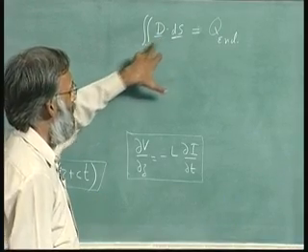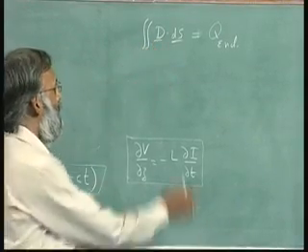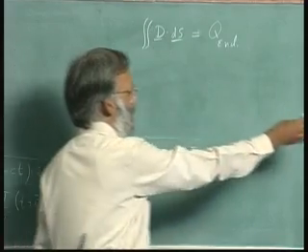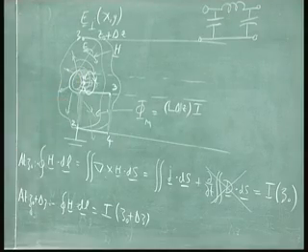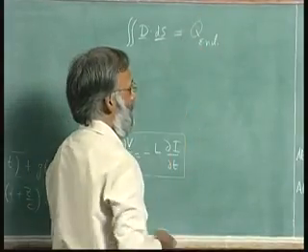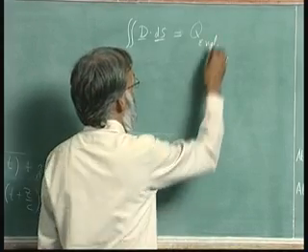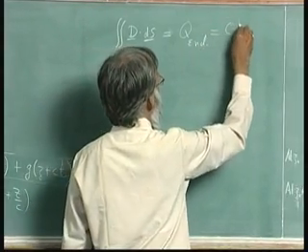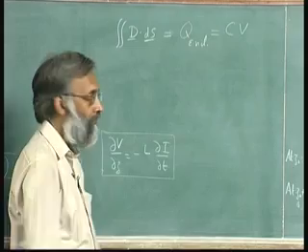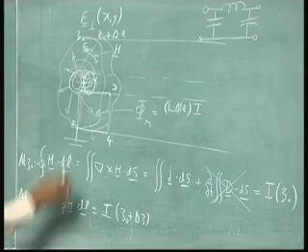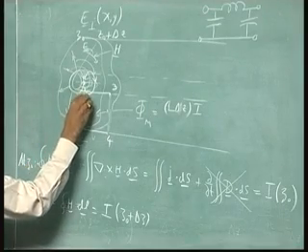So if I apply Gauss's law, that gives me that this surface encloses a certain amount of charge. How much charge does it enclose? That charge is nothing but Cv. But this capacitance and the charge enclosed clearly depends on delta z.